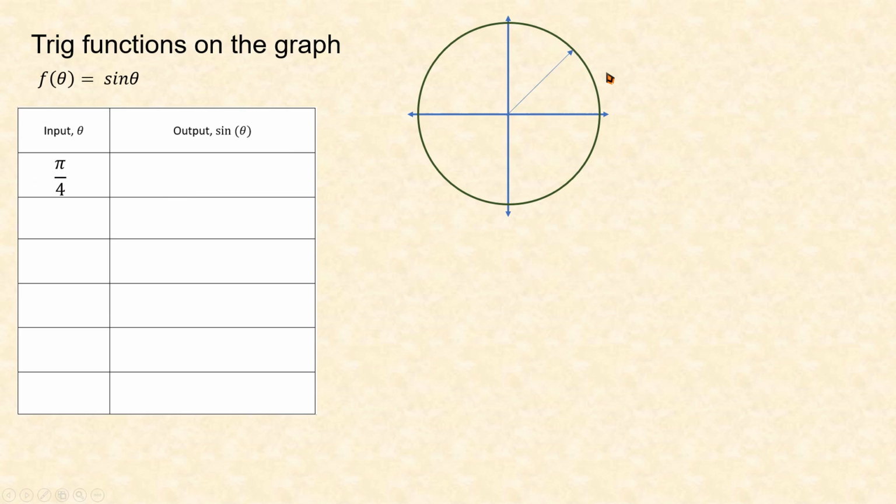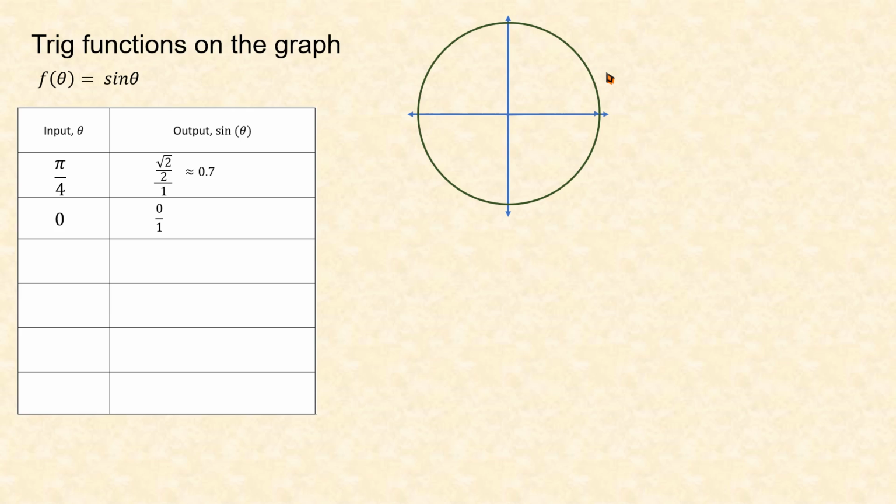So there's pi over 4, and sine is radical 2 over 2 over 1. Now, that's about 0.7. All right, that's your function. You put in an angle, and you get a number, the ratio of the sides. That's the output.